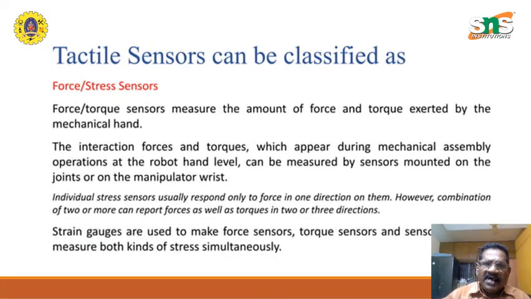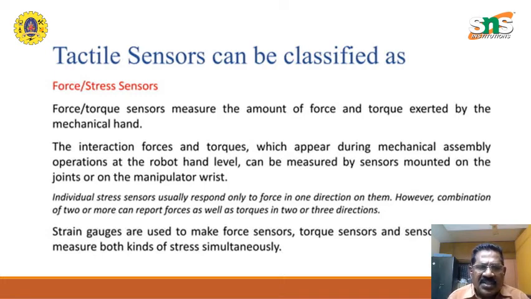Right. The tactile sensor can be classified as force sensors and then stress sensors. The force sensors measure the amount of force and the torque exerted by the mechanical hand. The interaction forces and torques which appear during the mechanical assembly operations at a robot hand level can be measured by sensors mounted on the joints or on the manipulator wrist.